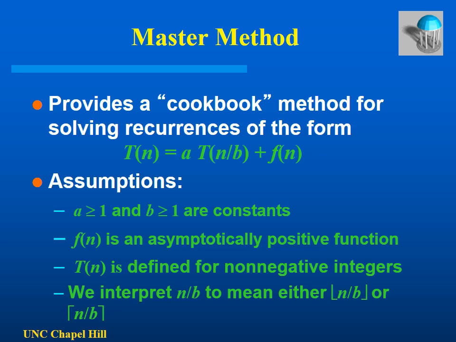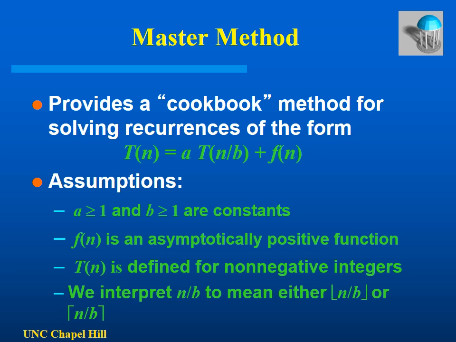if f of n is asymptotically positive, and T of n is defined for all non-negative integers, and n over b is actually an integer, which is either the floor or the ceiling of n over b, but that's okay.